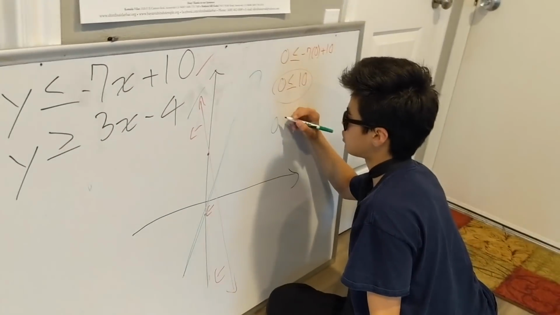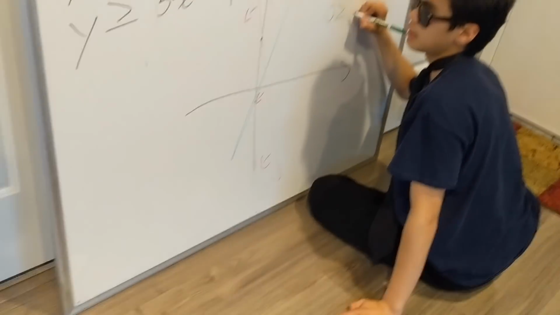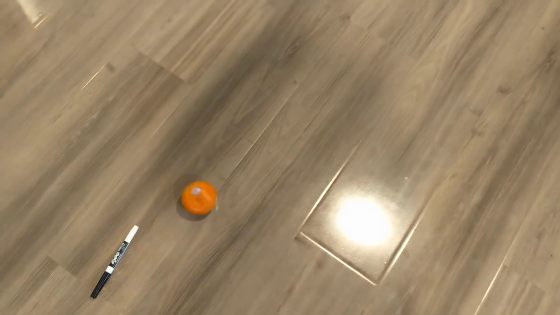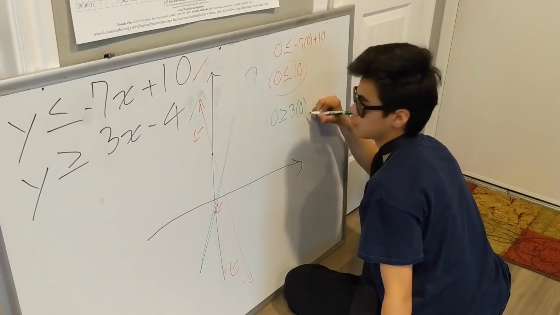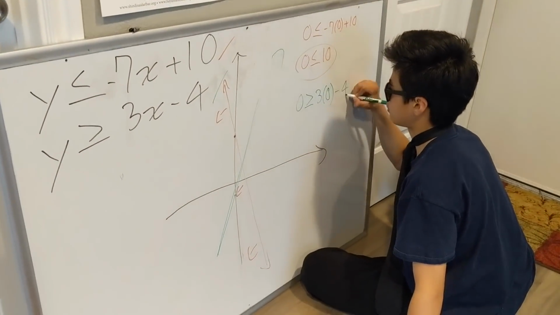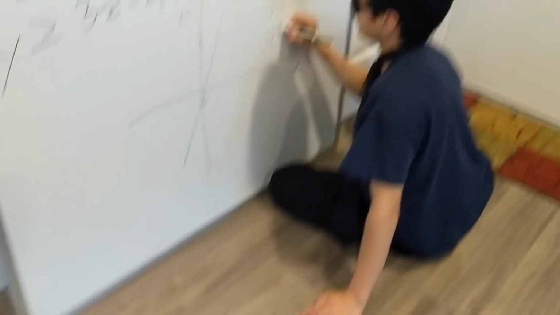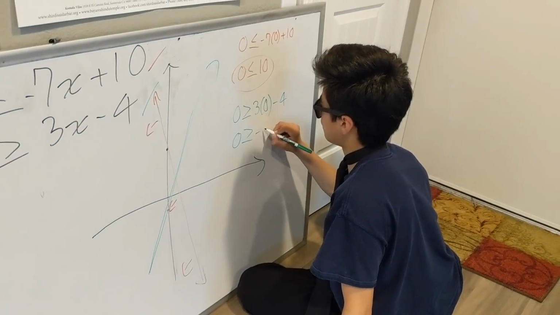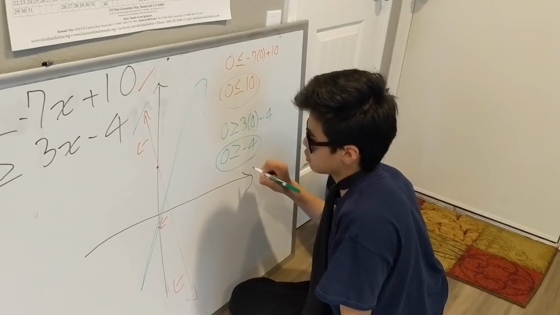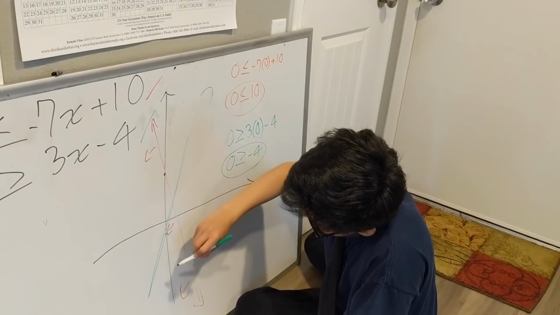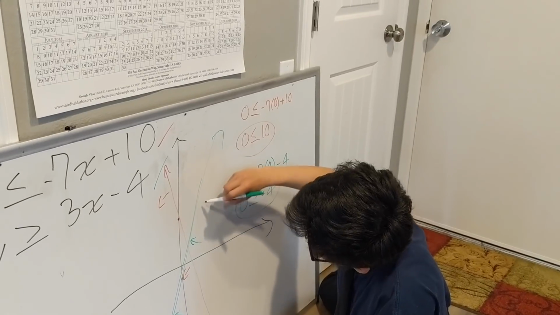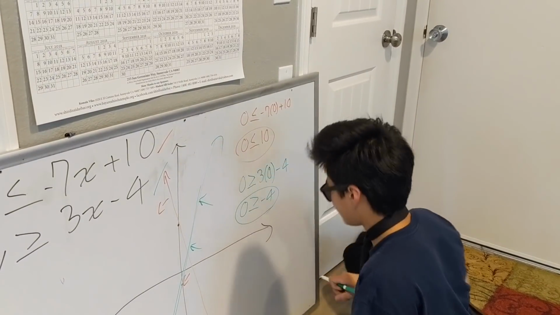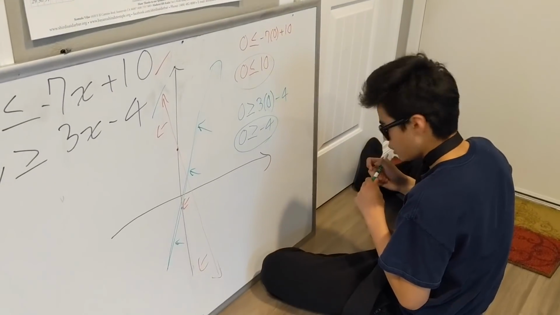So it's 0 is greater than or equal to 3 times 0 minus 4. 0 is greater than or equal to -4. Again, this is true. So you point in the direction where the inequality is true.